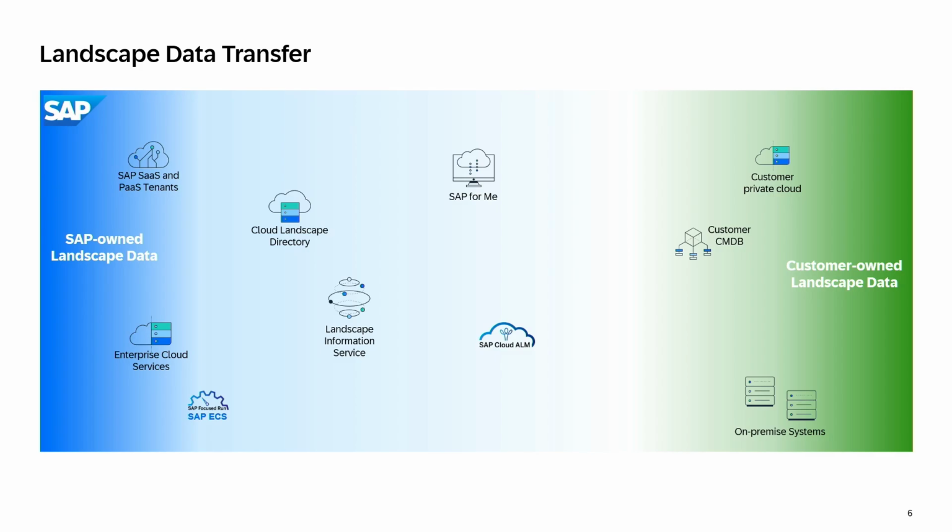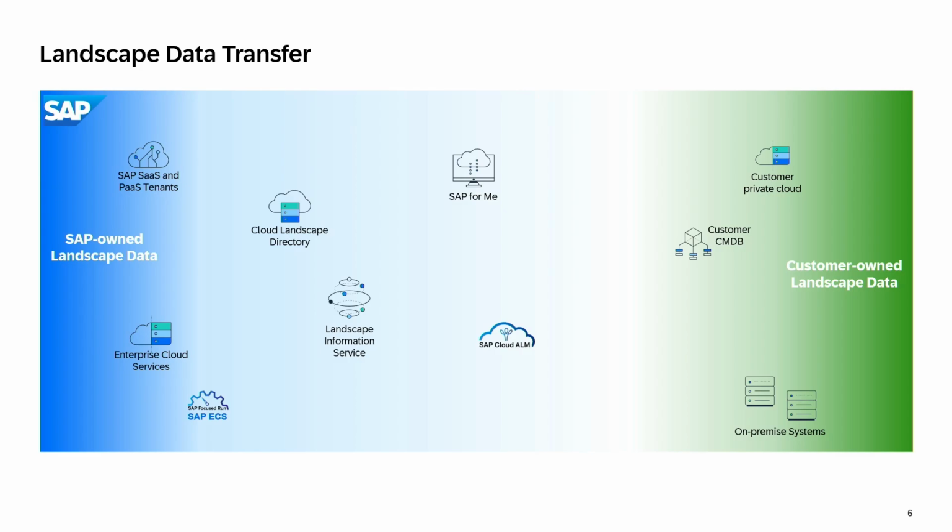We have the landscape information service. We have had this for a very long time. This is where all your on-premise systems end up. If you have Solution Manager, Focused Run, or maybe do a direct upload, all your on-premise information is in the landscape information service. This is what you need, for example, if you want to update your software. This is where this information comes from.